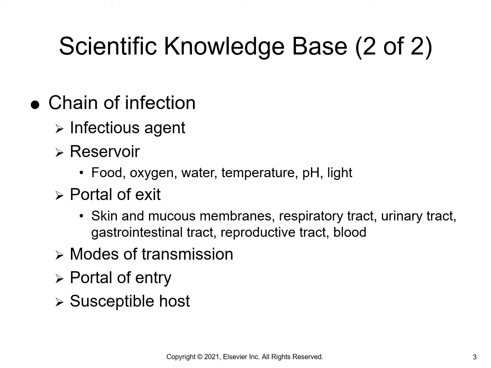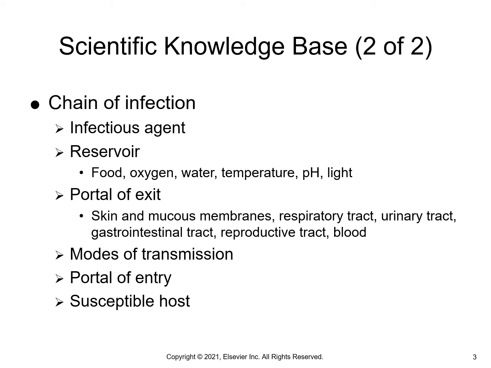And then they need to have a mode of transmission to exit from one place and enter another. Like if we want to travel to Oregon, we need a plane, versus if we're going to Chicago, we can drive. So what mode of transmission do they need to use? Is it contact? And that's when we talked about transmission-based isolation precautions, because it's based on that transmission that we isolate, and we use personal protective equipment accordingly.